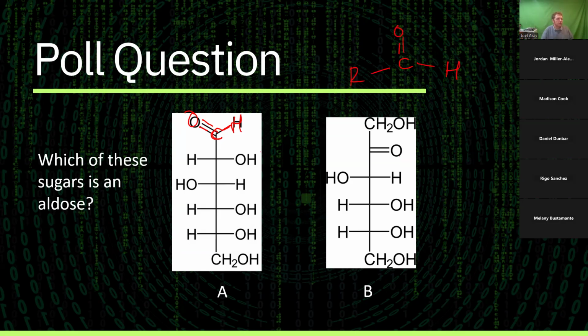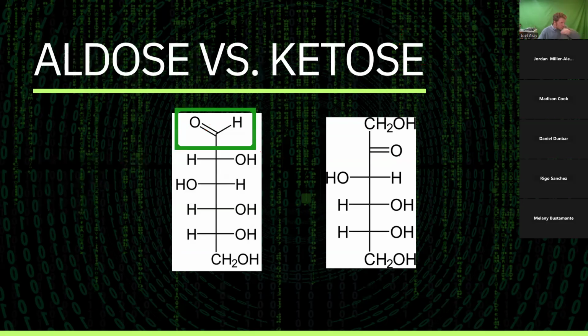There's your aldehyde functional group. So we're looking at A as our correct answer for that. About 78% of the class responded with that. So there's our aldose, and there's our aldehyde functional group. I'm going to end that poll. We've got some more poll questions today, though.